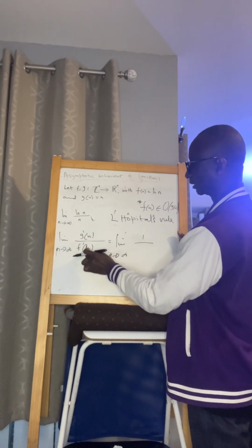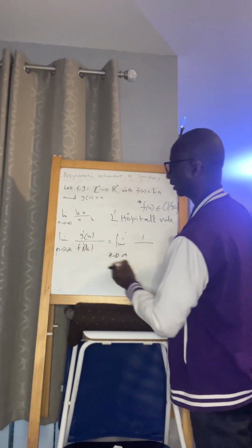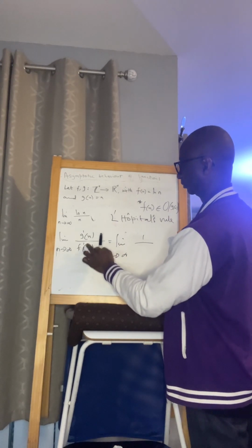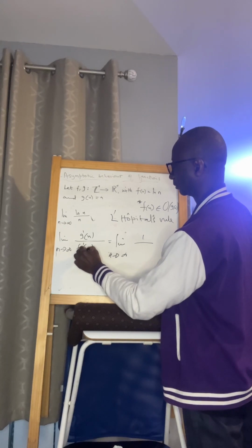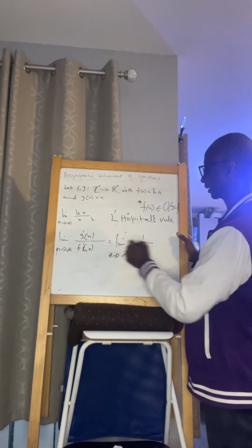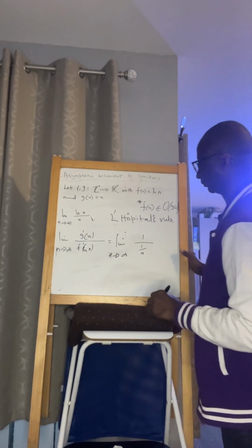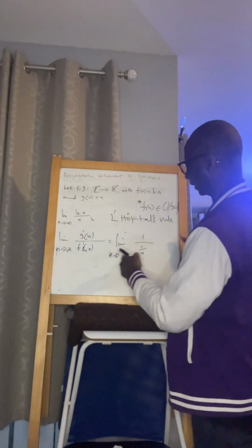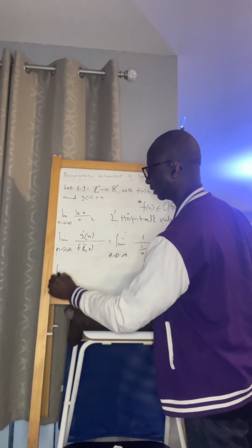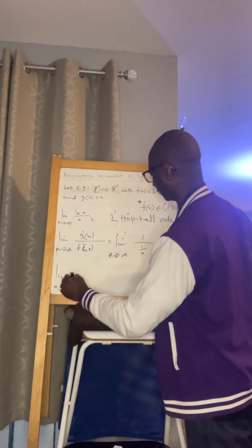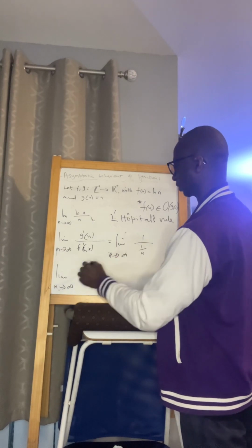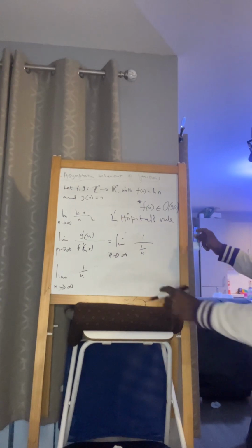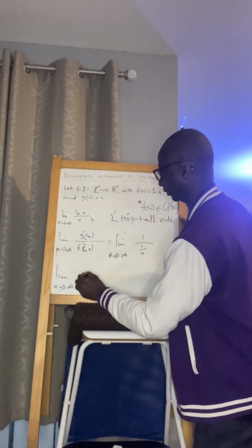And if you differentiate the ln of n, you get 1 all over n. So you have 1 divided by 1 over n. What does that mean? You get n.